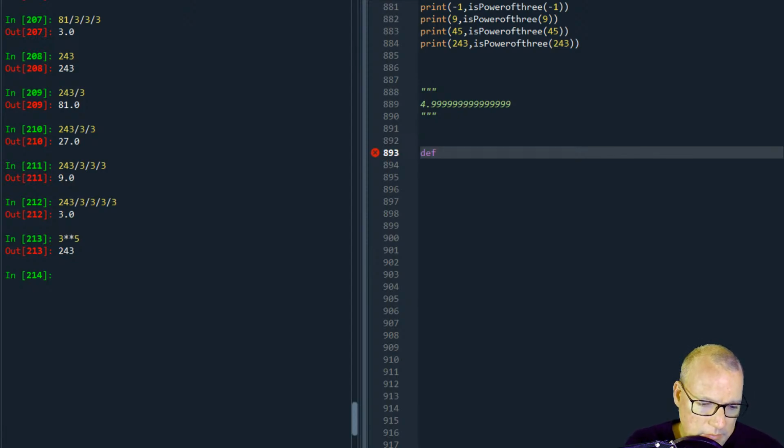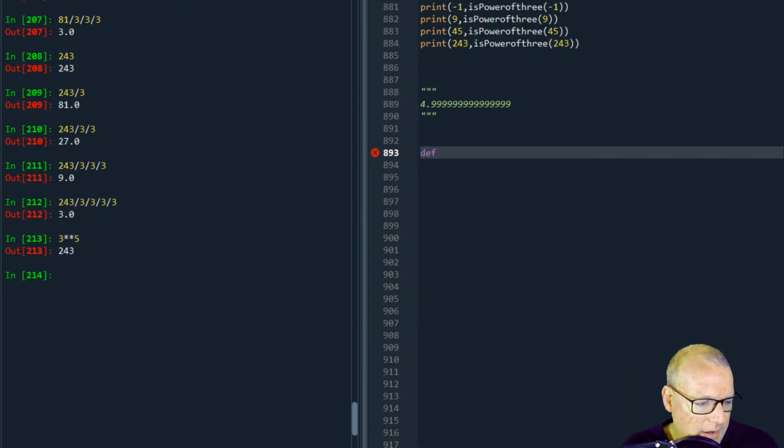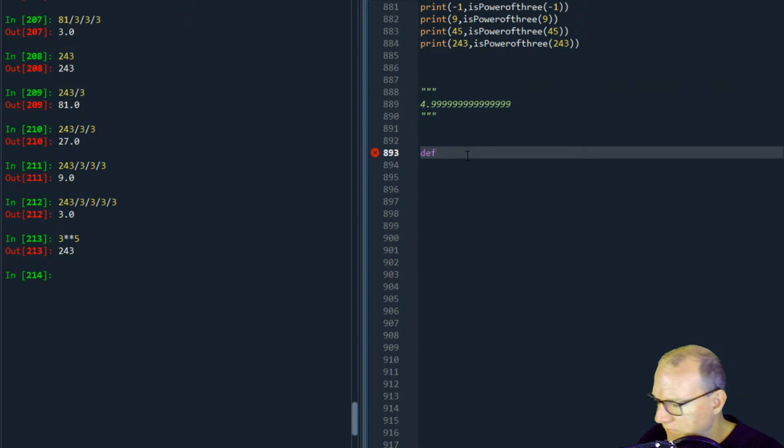It's in JavaScript too. That's how I found out about it. I think JavaScript has an issue with something to the power of 13. It can't really handle anything past the power of 13, if I remember. Python has no limits, but it is buggy around really complicated things like this.